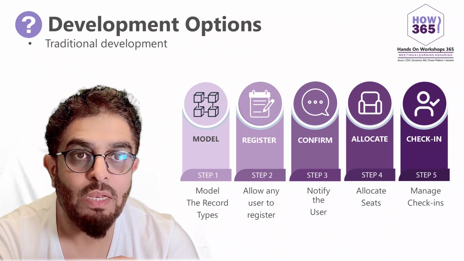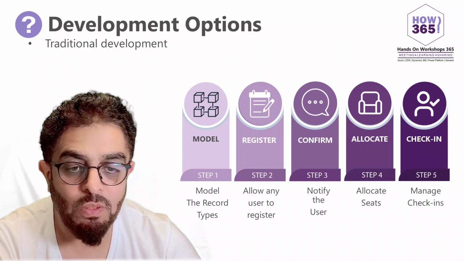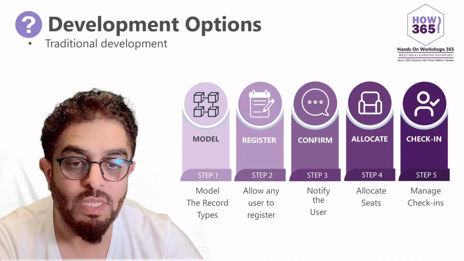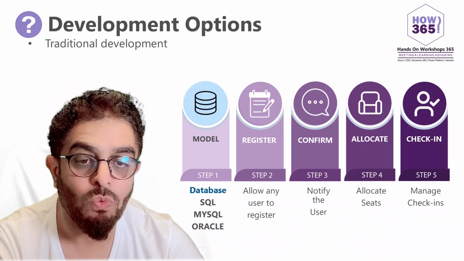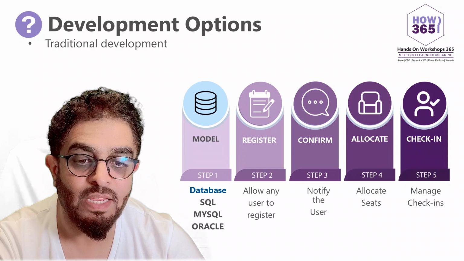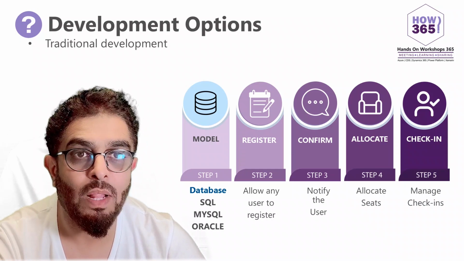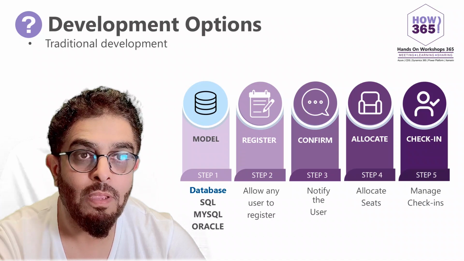So I guess when we look at development options, if we look at traditional development, when we look at the model, most people would say that we need some sort of a database to hold the information about the entities, the events, the attendees. So we'll probably look at SQL or MySQL or Oracle.